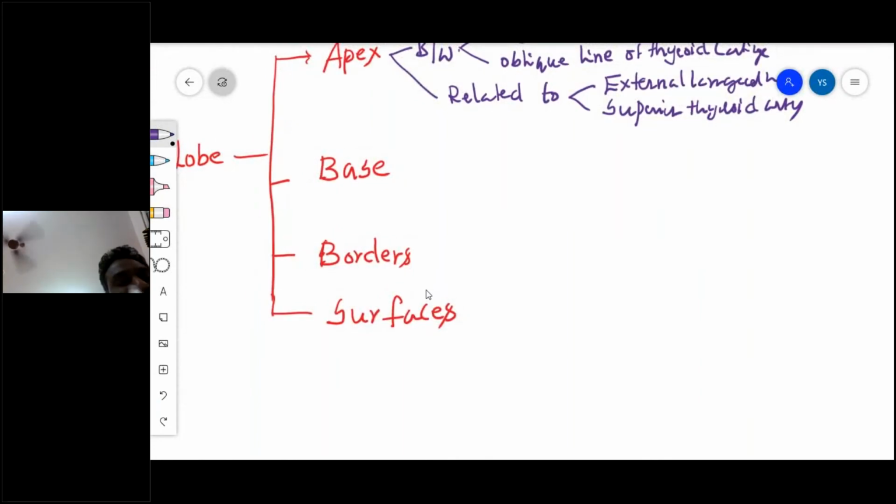And the base, what are the relations of the base? The base is related to one nerve and one artery: the inferior thyroid artery, and that nerve is the recurrent laryngeal nerve. So these are the relations of the base.